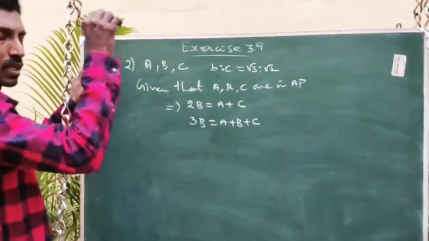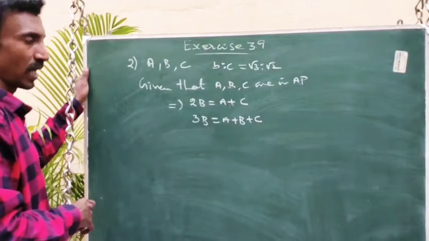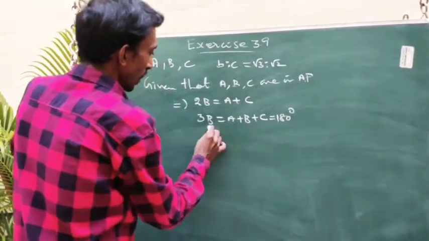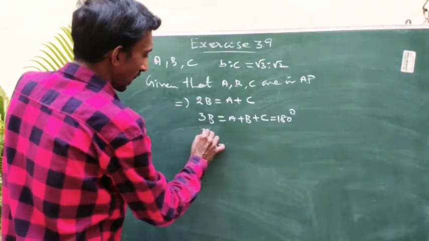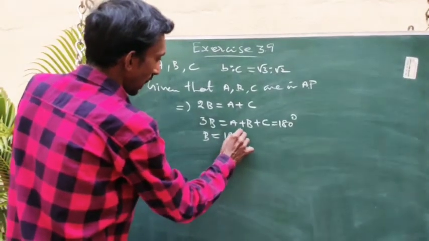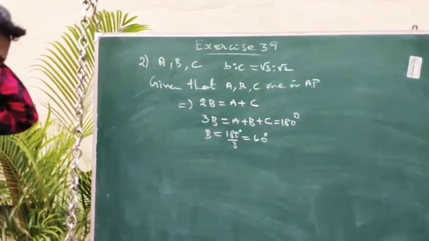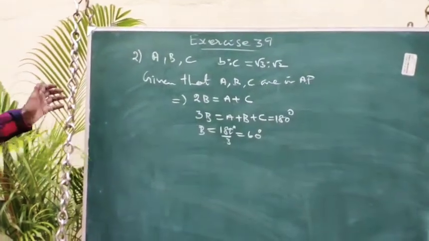We know that the sum of the three angles in a triangle is 180 degree. So 3B equal to 180 degree, B equal to 180 by 3, 60 degree. So first we found the angle B. Angle B is 60 degree.